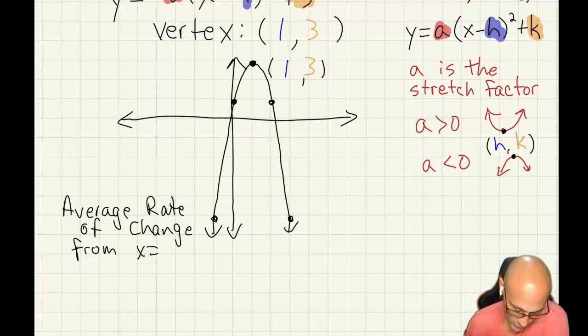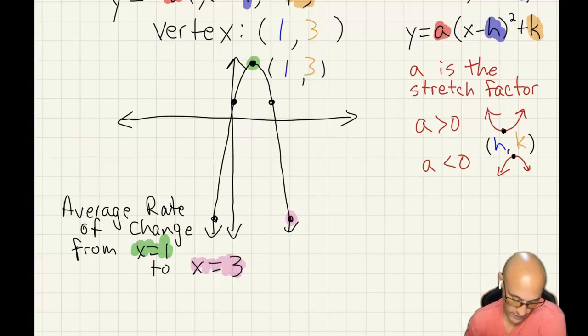What's the average rate of change from x equals 1 to x equals 3? So what I want to ask here then is, looking at this point right here, x equals 1, and this point down here, x equals 3, what's the average rate of change?